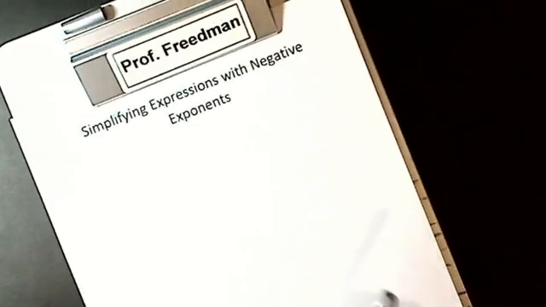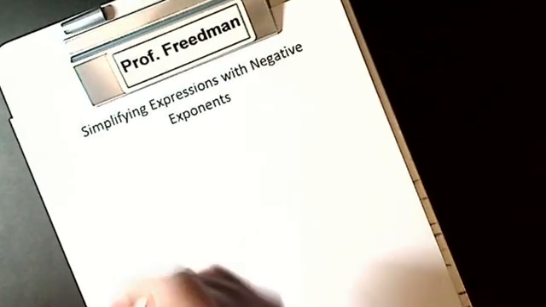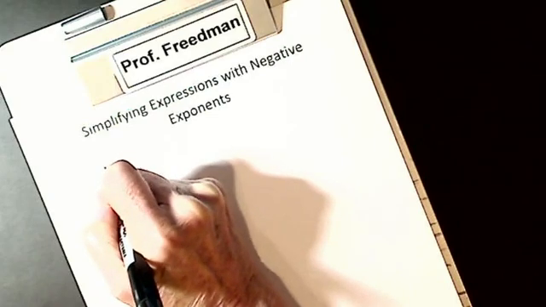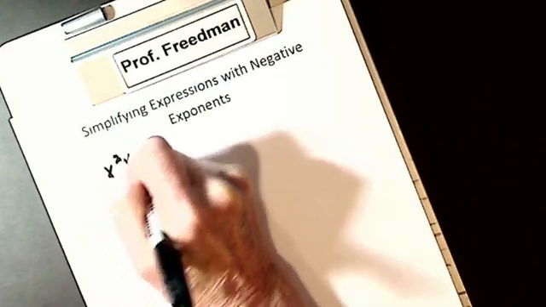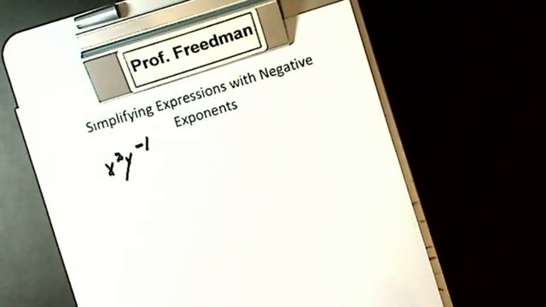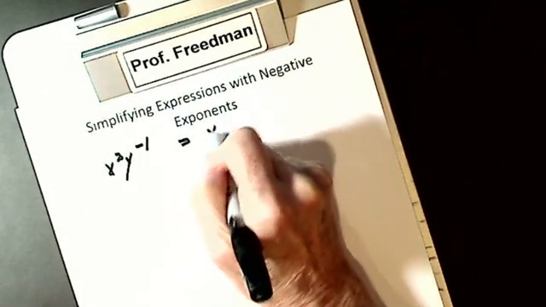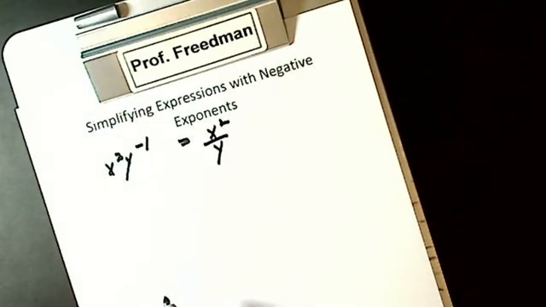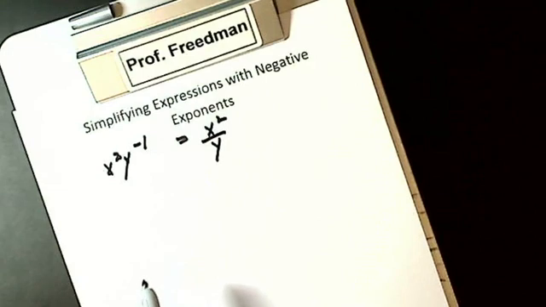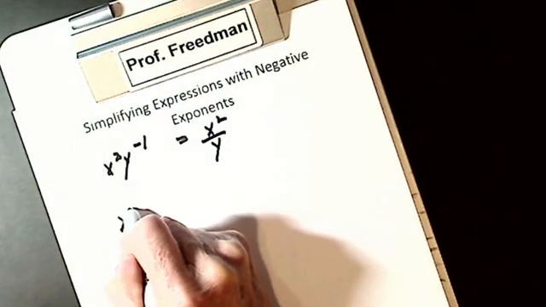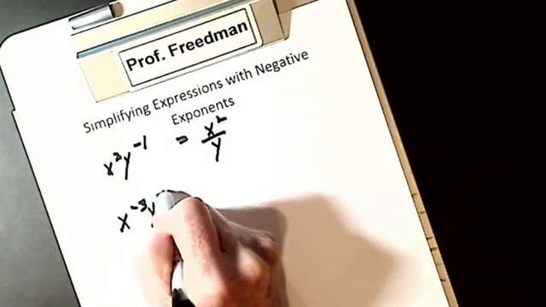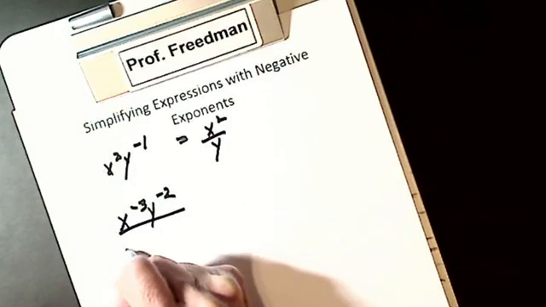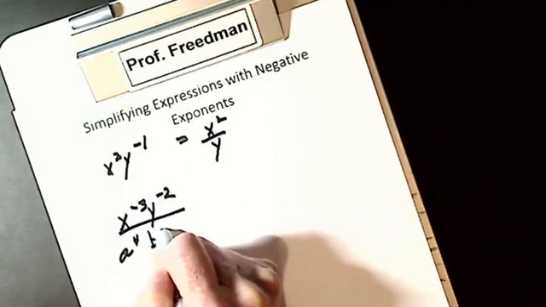So, for example, if I have one like this, x squared y to the minus 1, and I want to write that with all positive exponents. My x squared stays, my y becomes a denominator. Let's say I have this, x to the minus 3, y to the minus 2, over a to the 4th, b to the minus 5th.